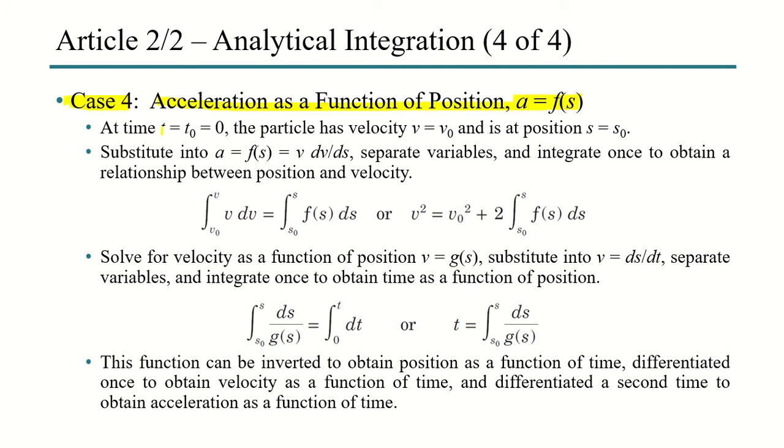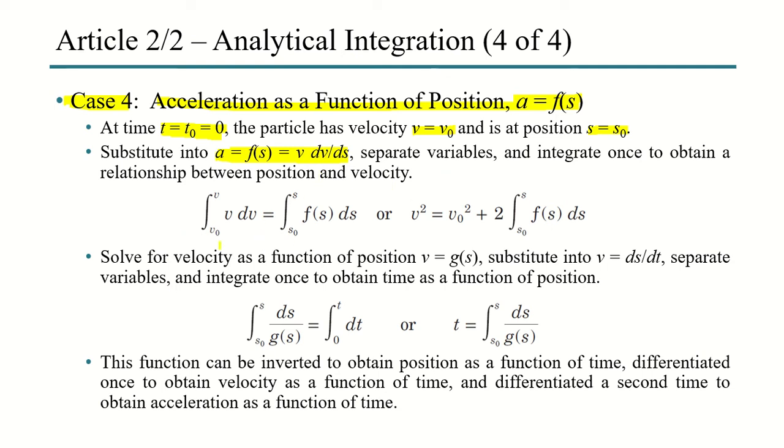Again, we use the same assumption here: t equal to t sub 0 equal to 0, velocity equal to v sub 0, and position s equal to s sub 0. Then substitute into this equation, and integrate both sides, applying the technique of separating variables, integrating once to obtain the relationship between position and velocity.